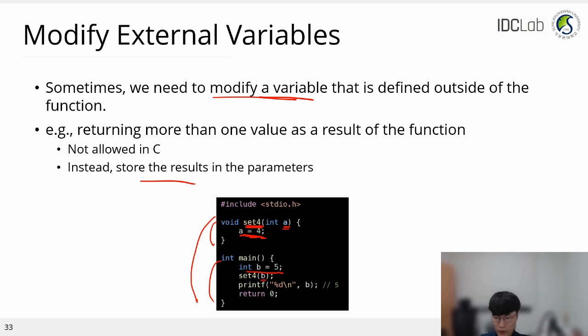And we pass B as an argument, so we expect that the value of B is changed to 4 after the function call. But in fact, it doesn't change. If you print out B after the function call, you will get 5, which is the initial value stored in B. So set4 does nothing, in fact.